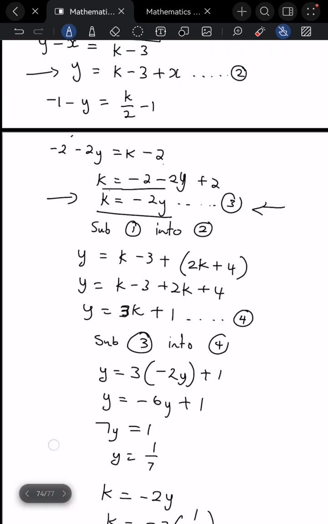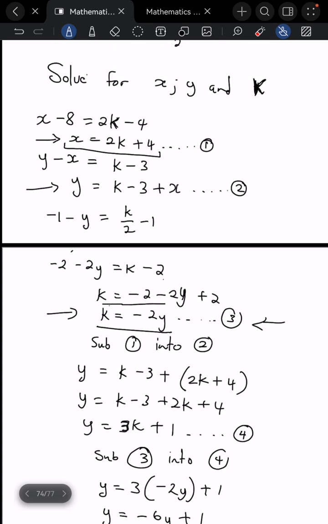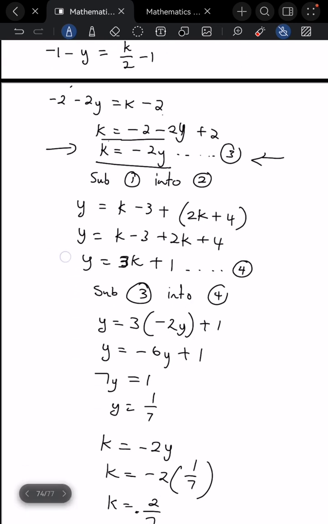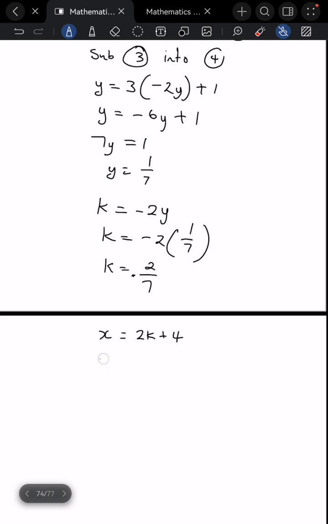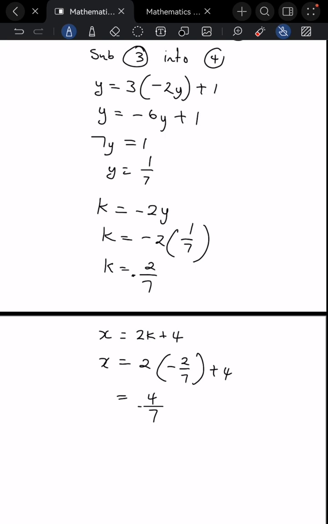But then, what is x? Remember, x = 2k + 4. So x = 2(-2/7) + 4, which is -4/7 + 4. You add this, and you have 4 times 7, which is 28, minus 4, all divided by 7.